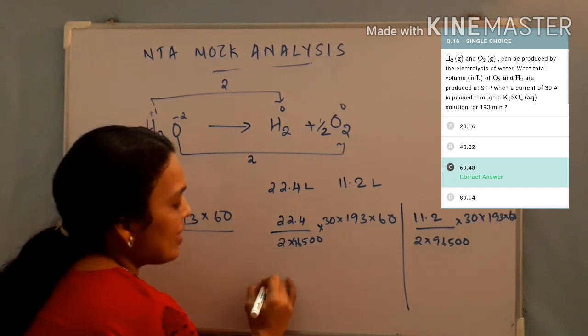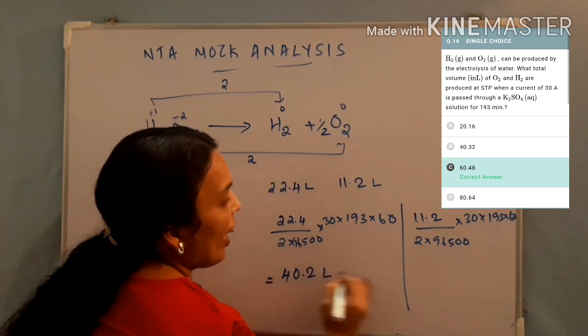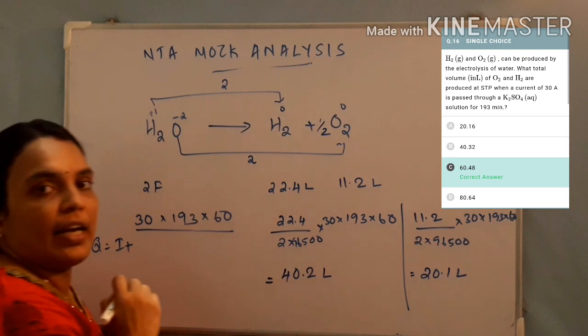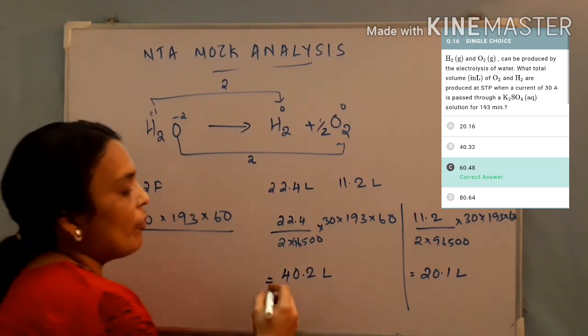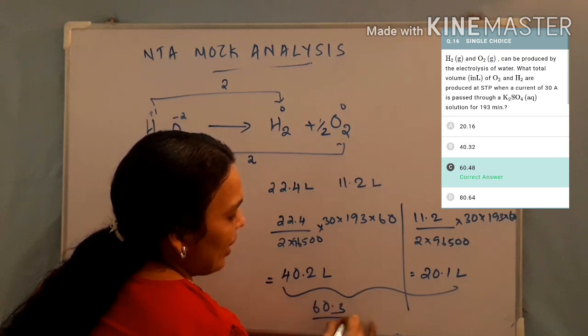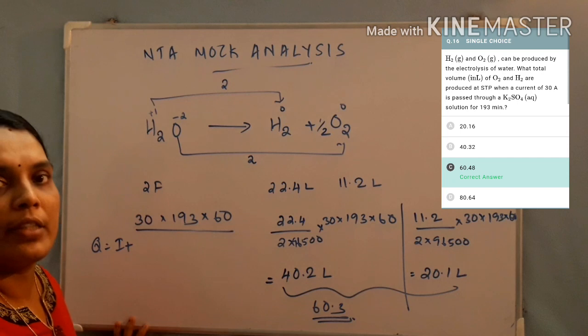By solving this, we have 40.2 liters of hydrogen and 20.1 liters of oxygen. Therefore, the total volume is 60.3 liters.